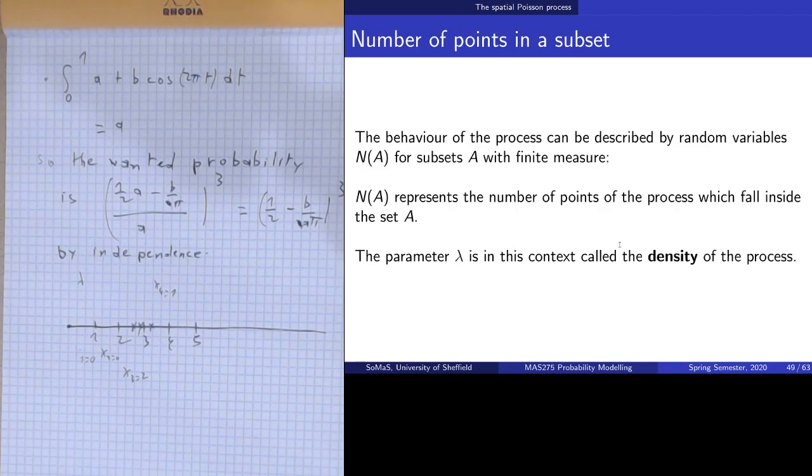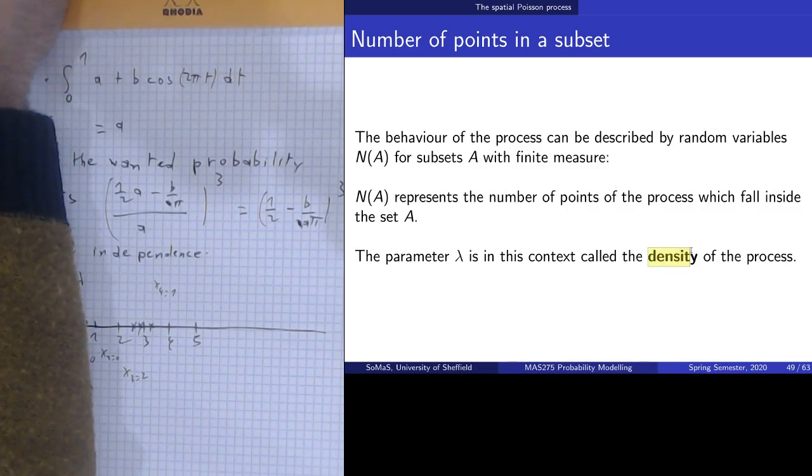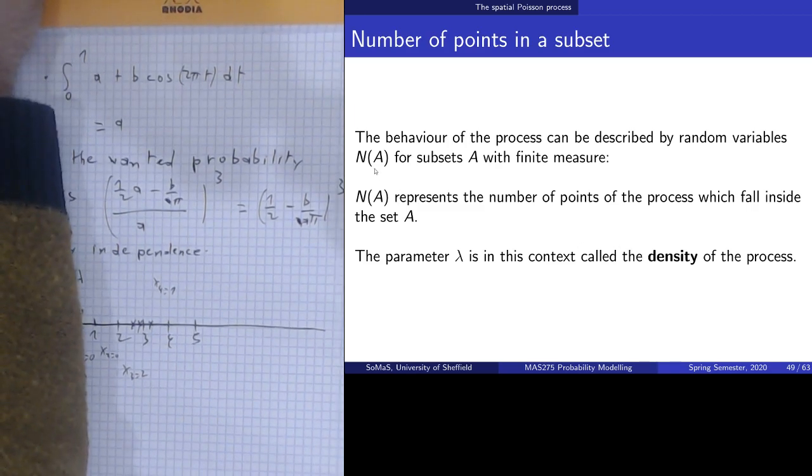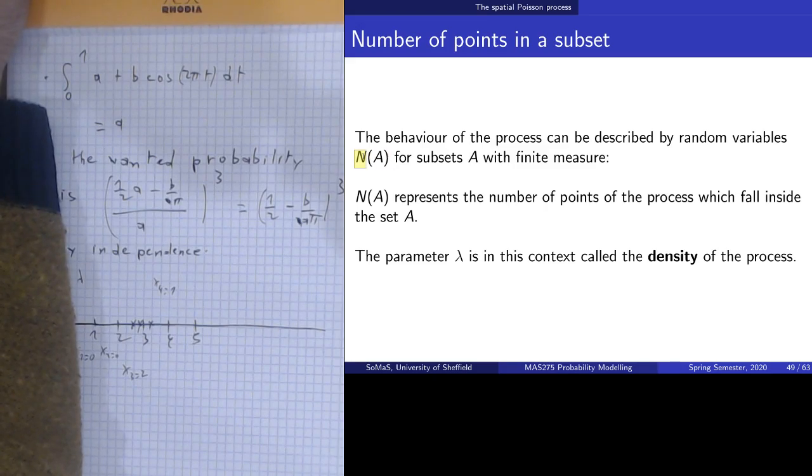And so we can define a Poisson process with a parameter lambda. We can call it density, since it's not time but space, that kind of makes sense. It's the average density of points happening. So we're going to have our variables, we're going to call them N of A. N of A is like N of uv before.